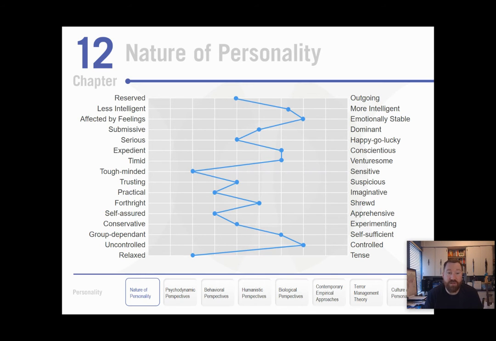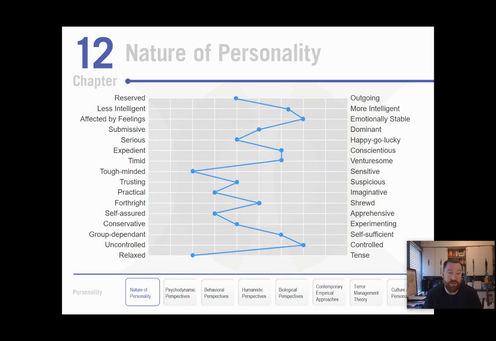You can see how these are opposites, relaxed versus tense, group dependent, self sufficient. And you can then measure, based off of answering a battery of questions, where you fall on these scales compared to other people, and understanding which traits you are more strongly associated with is your personality.